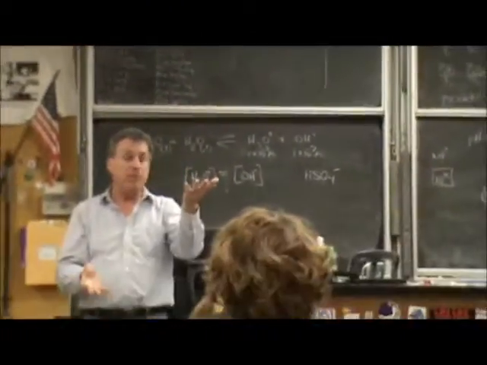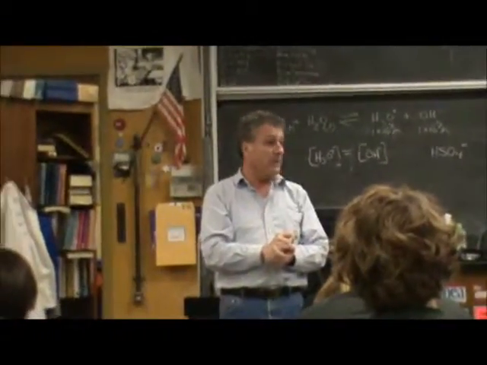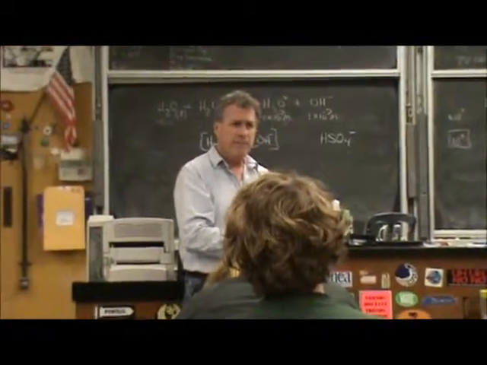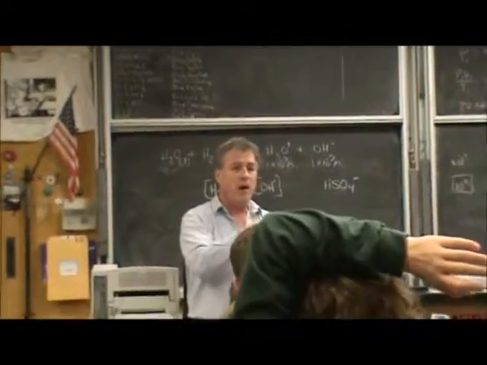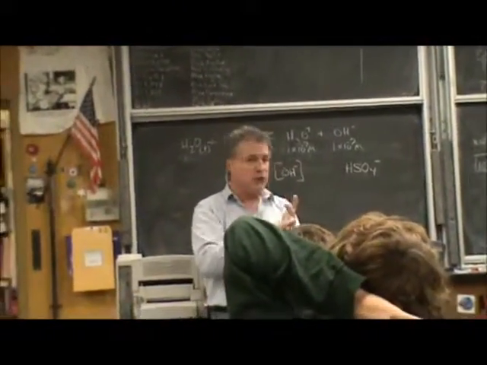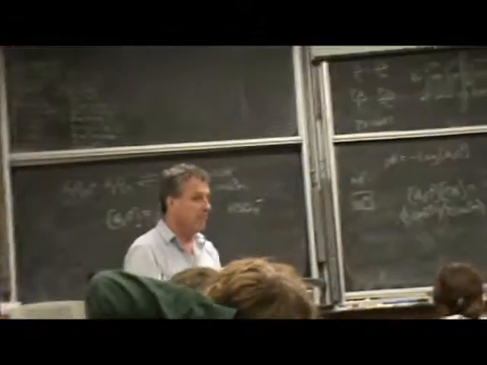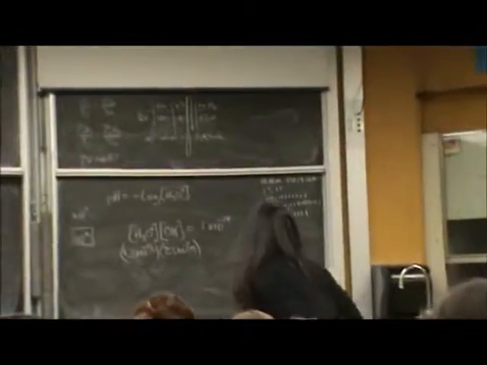And affect whether the solution is acidic or basic or neutral, right? Okay? You get it? So, the terms acidic, basic, and neutral are adjectives we use to describe what? Aqueous solutions. Okay? And it's time.